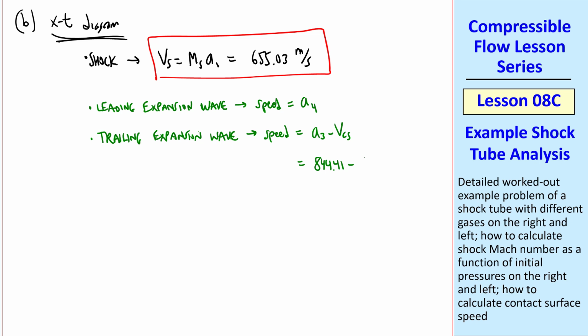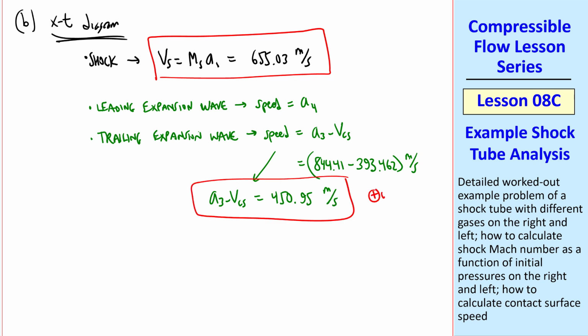And we know both of these, so a3 minus Vcs is 450.95 meters per second. And note that this is positive, so it moves to the left, which, as we've discussed previously, means that the contact surface is moving subsonically with respect to region 3.